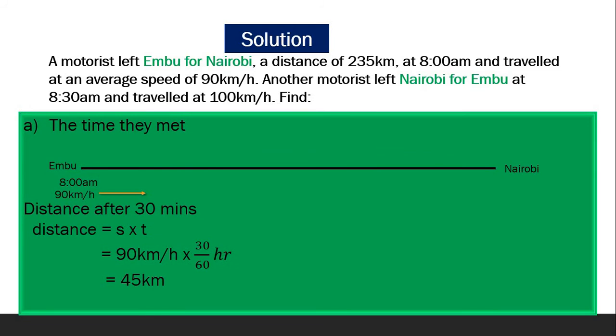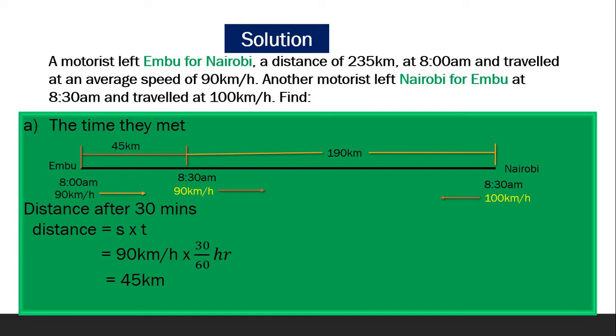So we need to get the distance between the first motorist and the other motorist coming from Nairobi. The difference now is 190 kilometers, by doing 235 kilometers minus 45 kilometers.